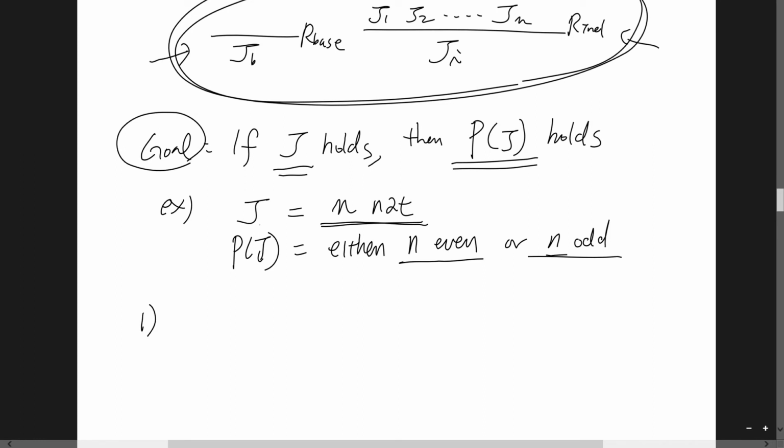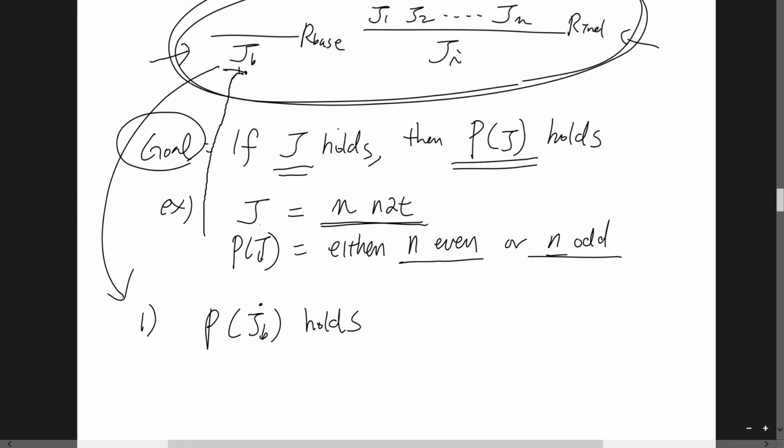First, the base case, which comes from this one. We show that P of JB holds, where this JB comes from here. So from this JB, we have this one. So we prove P of JB holds. So this is basically the base case.